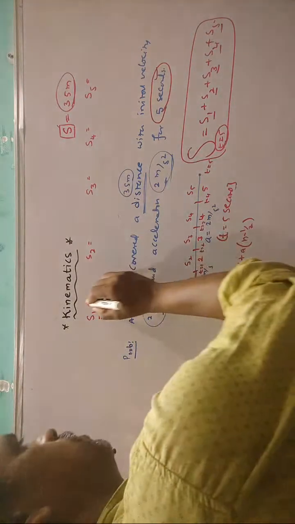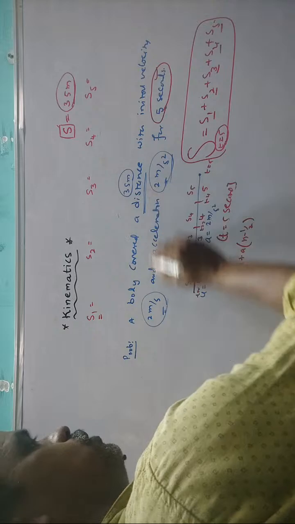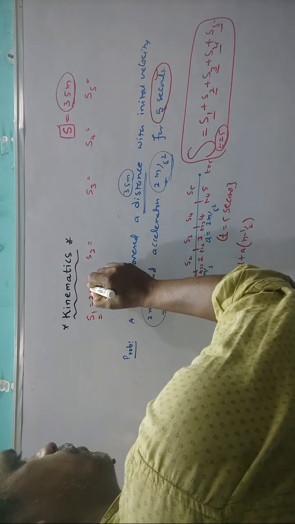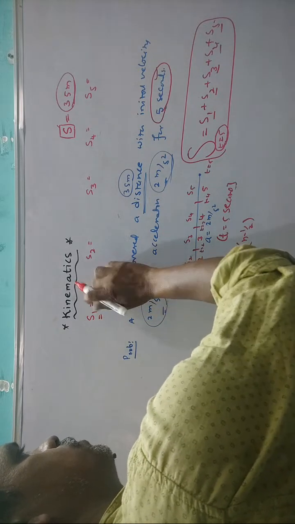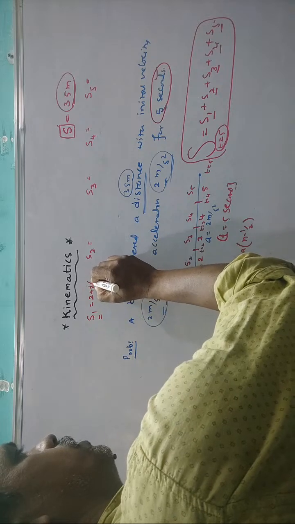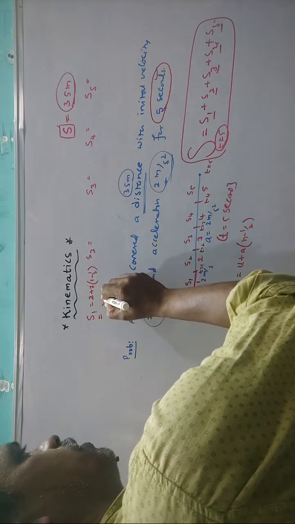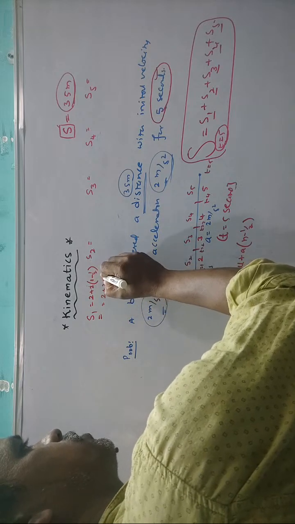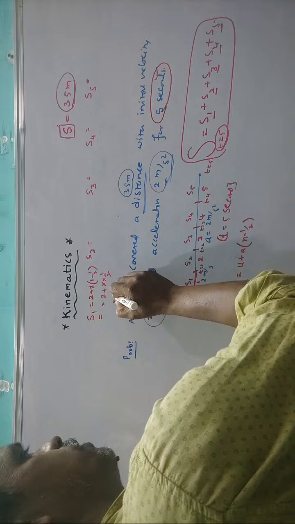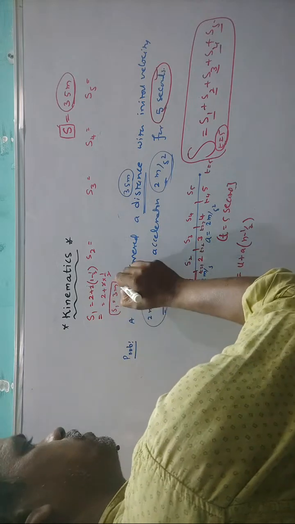U means 2 meter per second, plus a means 2, a of n minus half, where n equal to 1 minus half. You will get 2 plus 2 into 1 minus half, that means 1 by 2. So you will get 3 meter. S1 you got 3 meter.